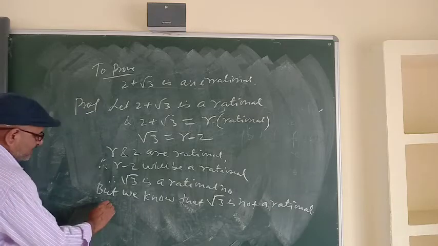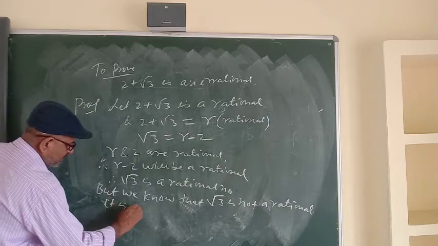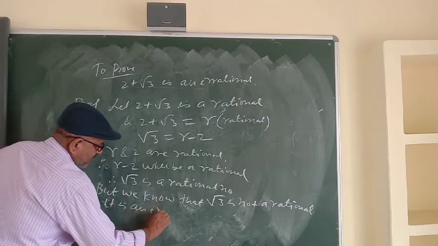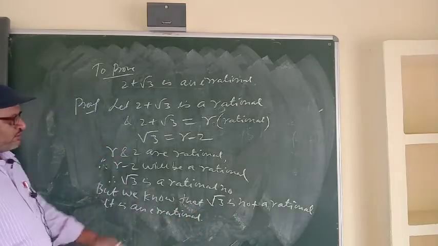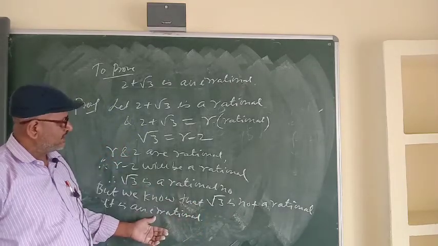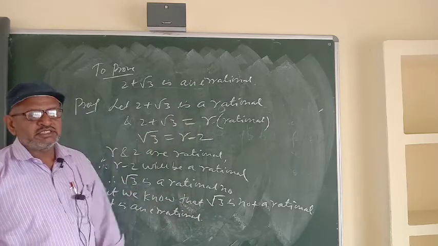It is an irrational. We know that root 3 is not a rational, it is an irrational. It means what? Our supposition is wrong.